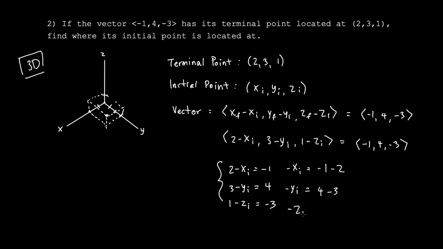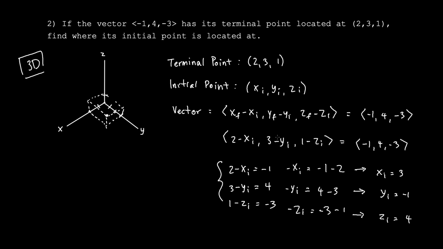And negative z initial has to equal -3 minus 1. Now we multiply each side by -1 after solving, and we get x initial is equal to 3, y initial equals -1, and z initial is equal to 4.